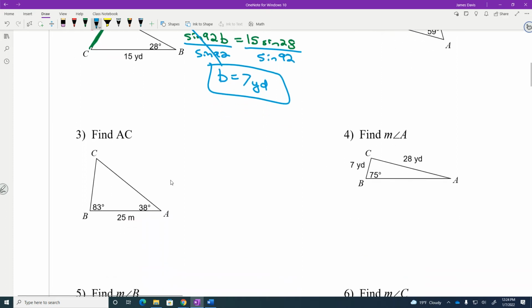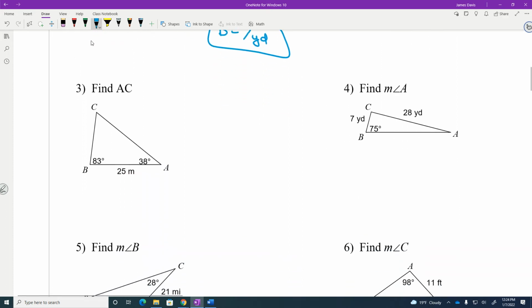Okay, let's drop down and try number 3. Find AC. This one, this side here, which again is going to be defined as little b. And let's think about what we have. Think about if we need to use the law of sines or cosines. So we're given 2 angles, right? And now we don't have a pair. So we don't have a pair, which means we can't go right off the bat.